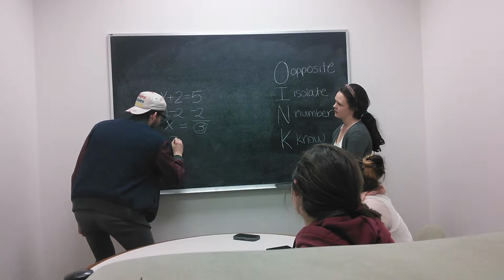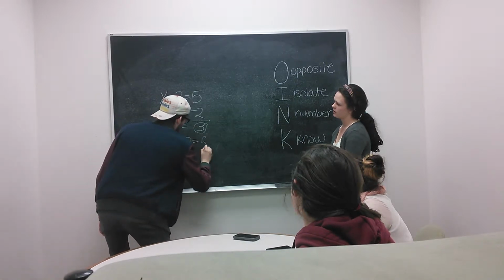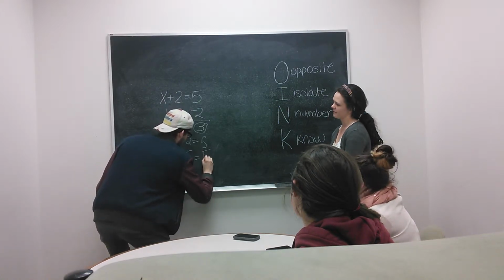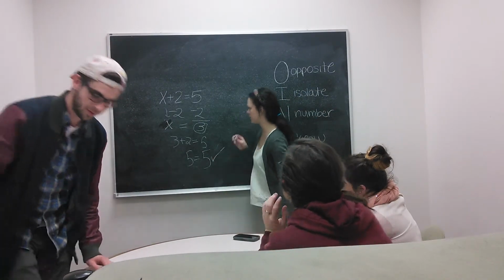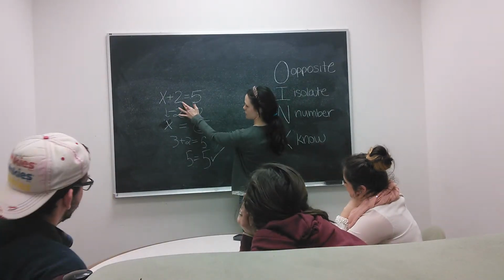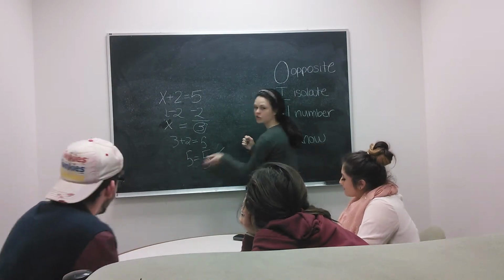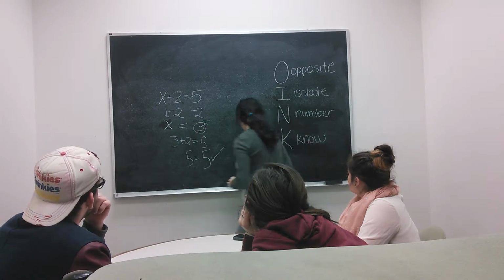So you just plug it in. Yeah, that's good. Okay, so since he plugged it back into the original equation, and then he ended up with 5 equals 5, that's a true statement, so we know that the answer that we solved for x is correct.